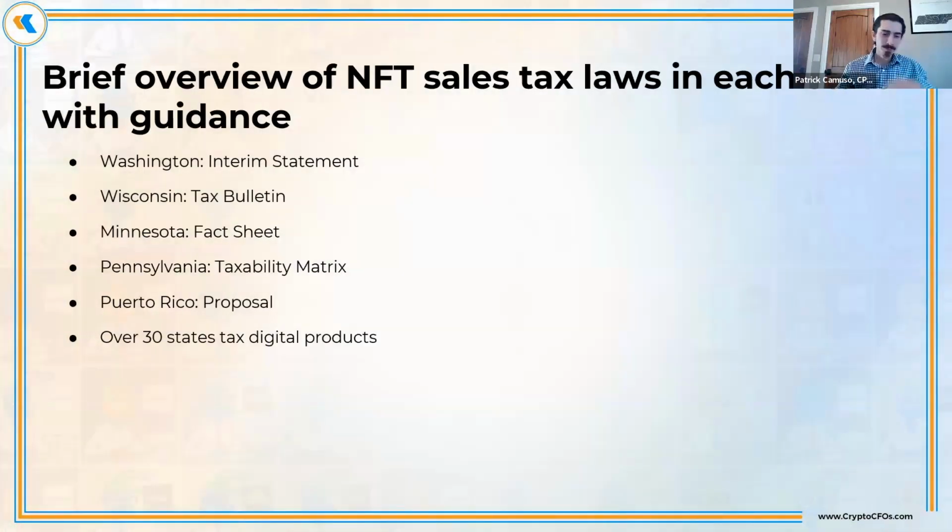Okay, so Washington, like I said, they have been out in front of this. They were the first to provide guidance with their interim statement that they released on July 1st, 2022.